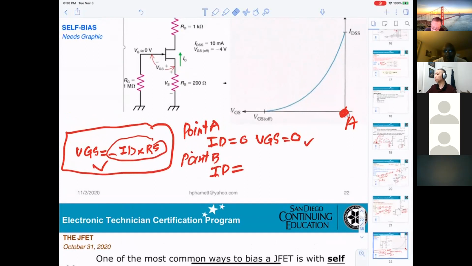For point B, you can pick any value from 0 up to IDSS. IDSS is 10 milliamps, so you can say ID equals 5 milliamps. That is fine. You can set ID equal 2 milliamps, or I can say ID equals 10 milliamps.